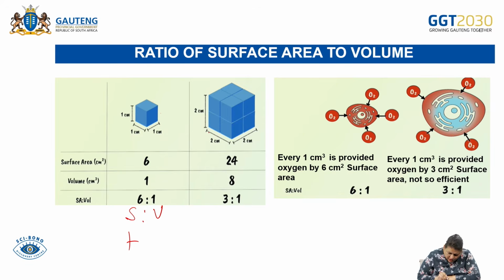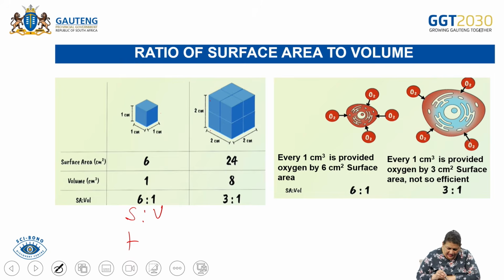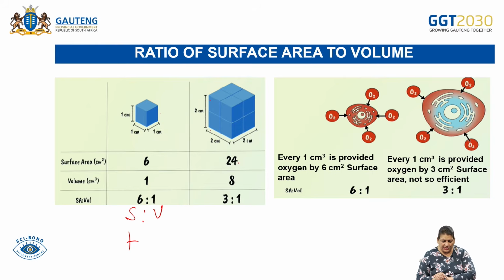From here to there is 2. It has 6 surfaces, and the surface area is going to be 24, because you're going to have 6 sides. That's one side, 2, 3, 4, 5, 6.